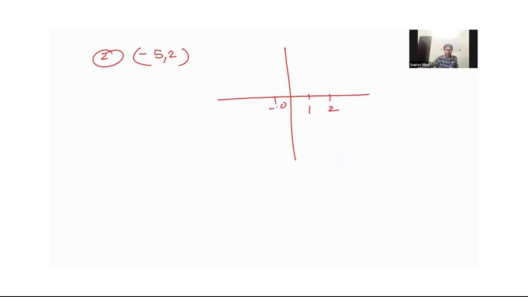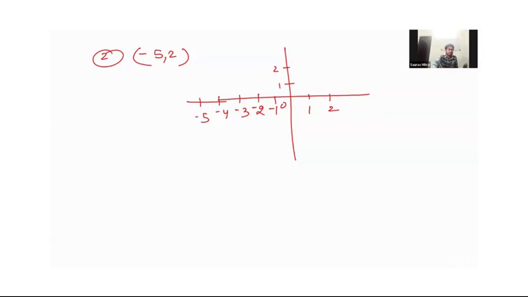Let's check another example. If I have to draw -5 comma 2, for that I need the x-axis and y-axis. Let us write up to here only. This is your -1, -2, -3, -4 and -5, and on the y-axis it is up to 1 and 2.